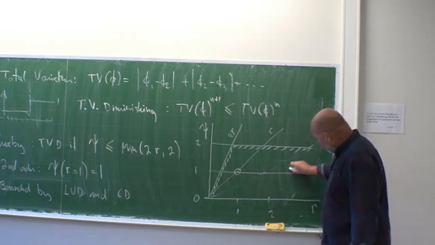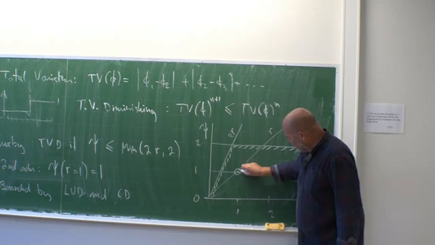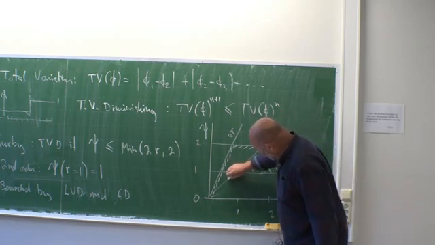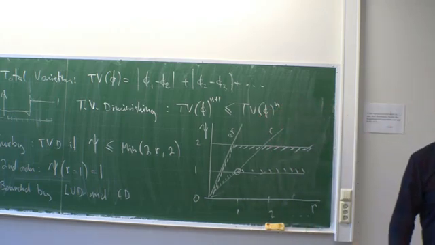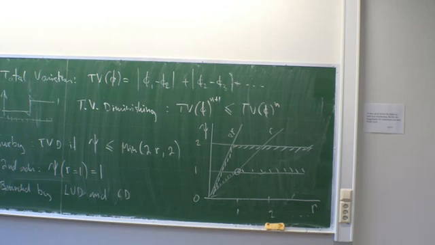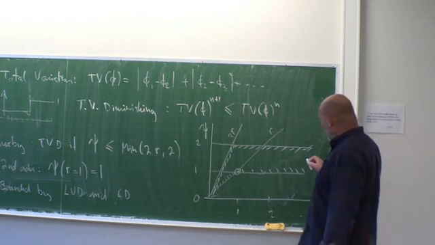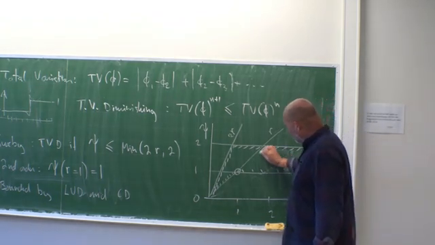Hence, we have to stay inside here and then inside here as well. So there you see we have some limitations where you should be for this function psi to keep it as a TVD scheme. You have to be inside here.